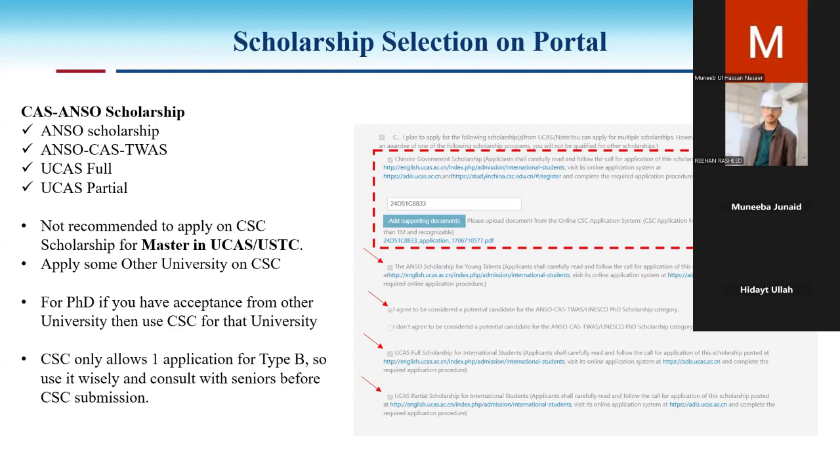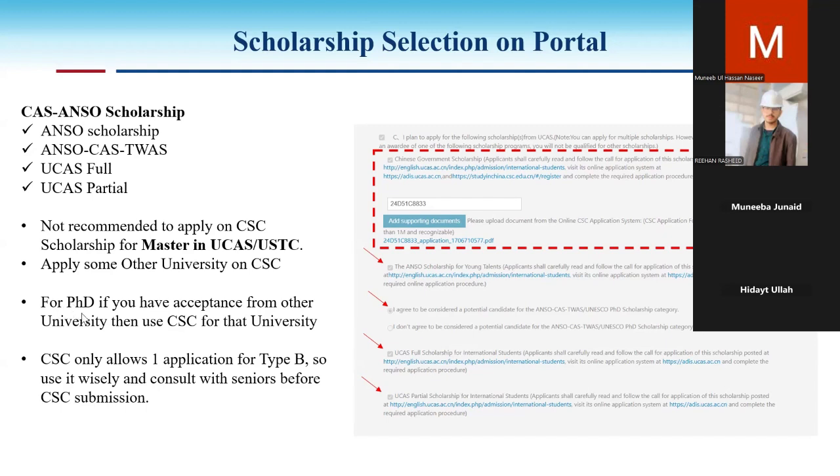So for master's students, if you have acceptance from another university on the CSC scholarship, I would highly recommend that on UCAS or USTC you only apply for these three to four scholarships except CSC, and use your CSC application for some other university.